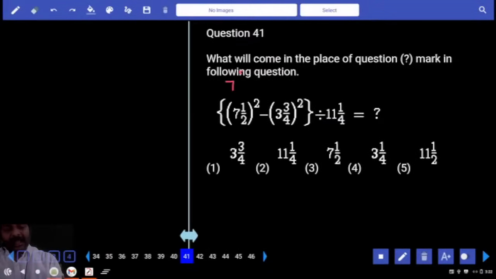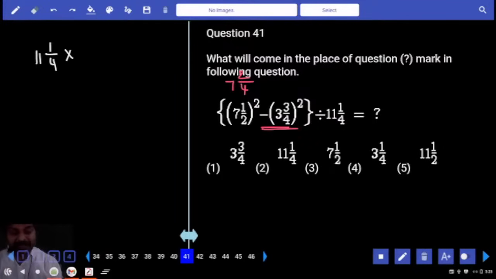I'll treat 7 1 by 2 as 7 2 by 4 for simplification purposes. A plus b: 7 2 by 4 plus 3 3 by 4. Let's first add integers: 7 plus 3, 10. Now fractions: 2 by 4 plus 3 by 4, 5 by 4, in the sense 1 1 by 4. Already 10 plus 1 1 by 4, 11 1 by 4.